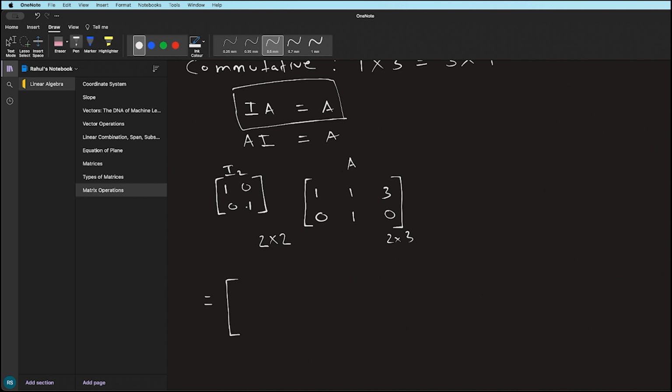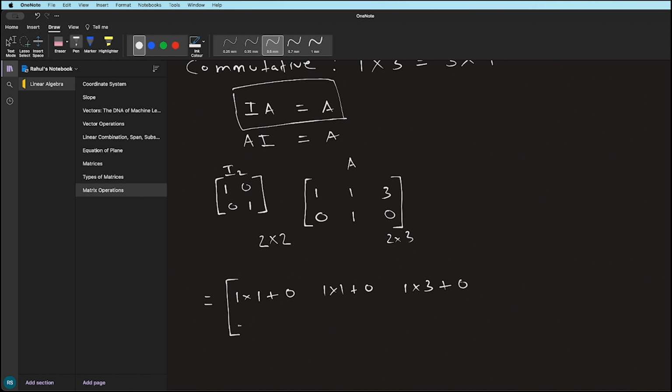So this will be 1 multiplied by 1 plus 0, and 1 multiplied by 1 plus 0 here, 1 multiplied by 3 plus 0.